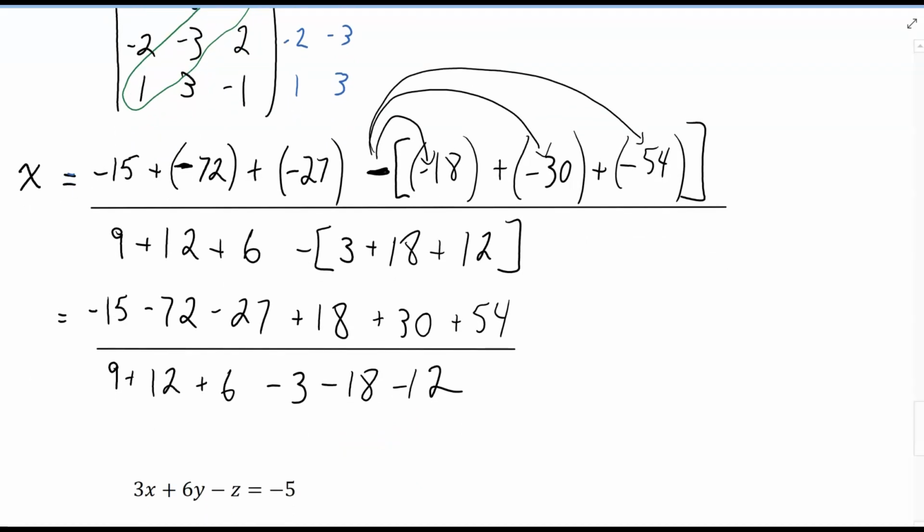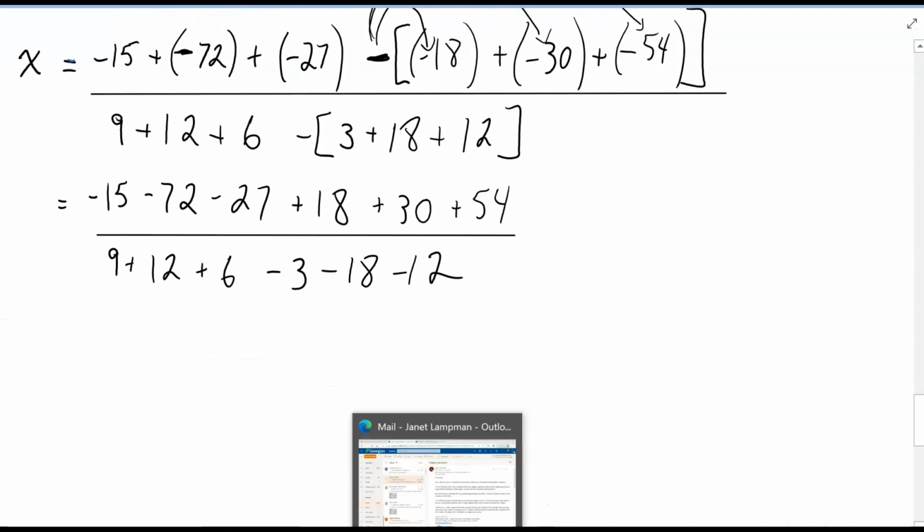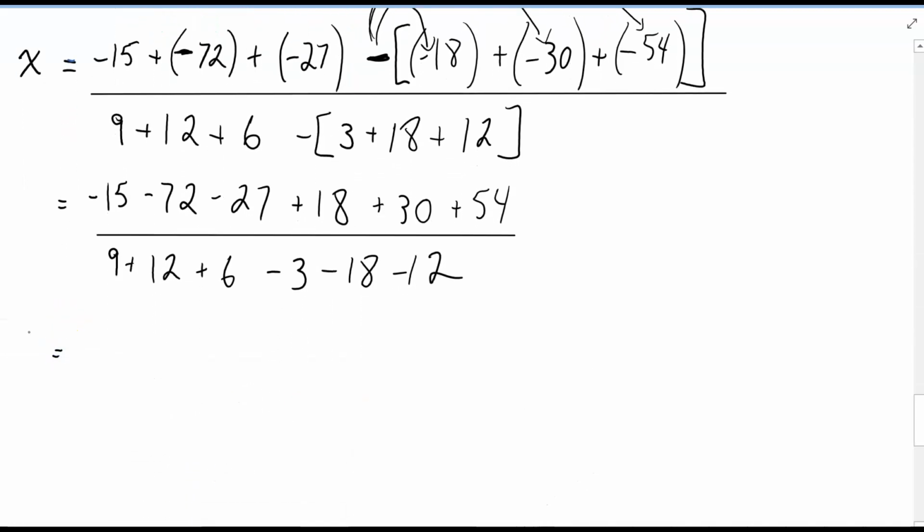All right, a little more space. Okay. Get your calculator. Let's do the top line.